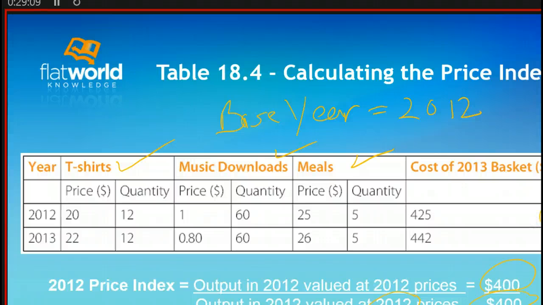Now, 2013 is going to be a little more interesting because it's not the base year. So first I'm going to value 2013's output, or its GDP, in terms of 2013 prices, which is essentially like saying it is the nominal GDP for 2013. And then I'm going to divide it by the GDP, or the output in 2013 valued at the base year's prices, which is essentially like saying real GDP.